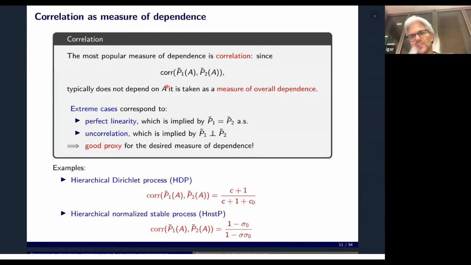Rather, and that's something we tried to do recently, which I'll discuss tomorrow, you should look at the correlation between the observables, and relate the correlation between the random probability measures to the correlation between observables, and then study the correlation of the observables, because that to me makes much more sense. But back to that tomorrow. For the moment, take it as a good proxy of a measure of dependence, at least in the extreme cases.